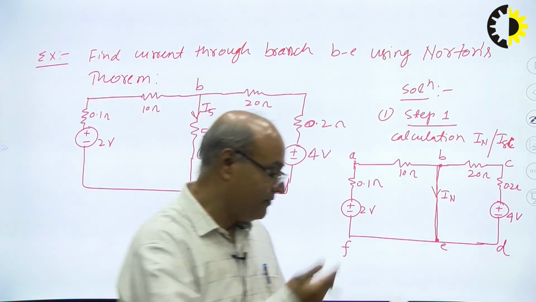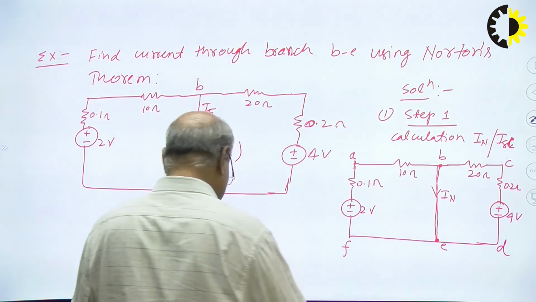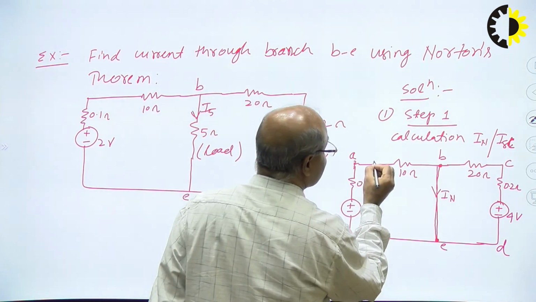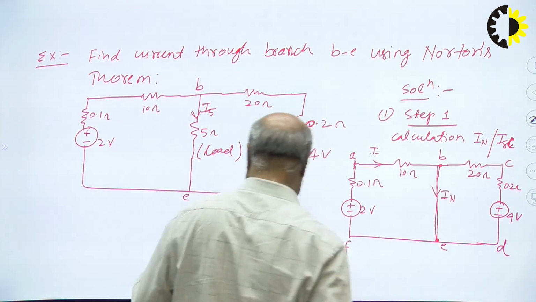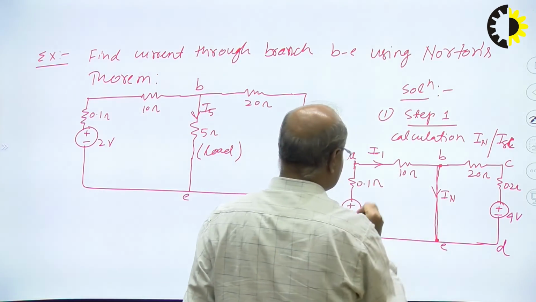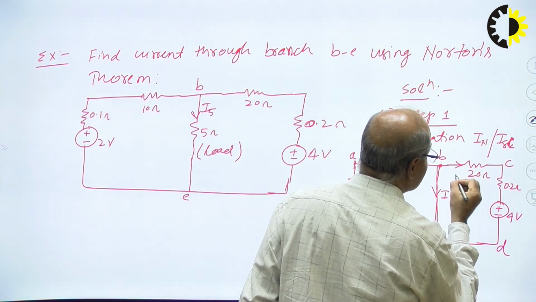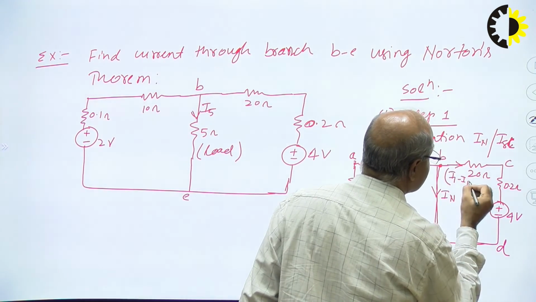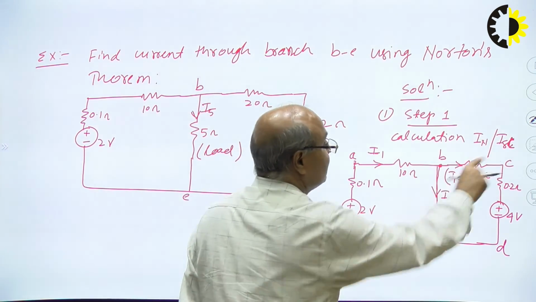So we can simply apply KVL to calculate IN. How to apply KVL? Suppose we assume that here is a current I1, and here is current I1, and IN is going this side, so the current here will be I1 minus IN. I1 minus IN is the current going through this circuit.